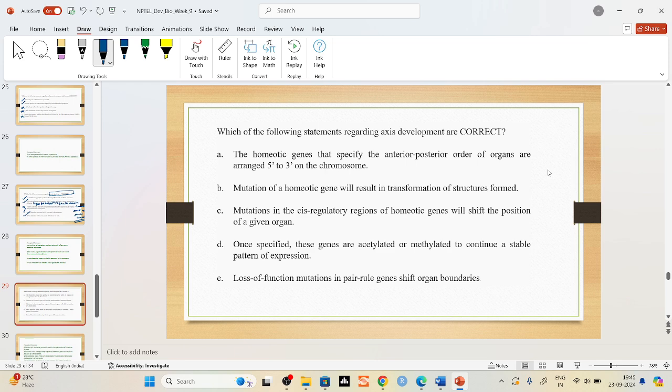Try to solve the question. Okay, 30 seconds left.